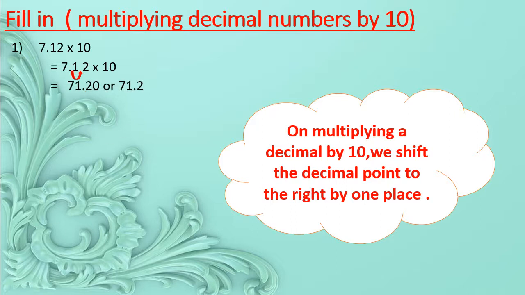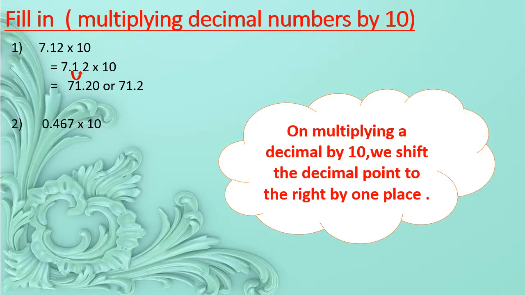So our final answer will be 71.20. Understood? First we multiply assuming both are whole numbers, then we shift the decimal point to the right if we are multiplying by 10.